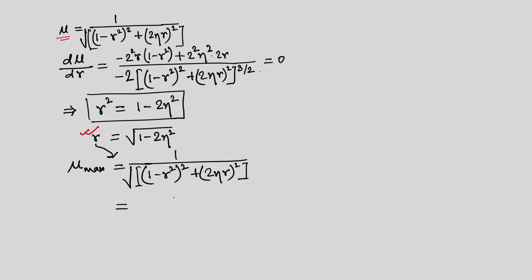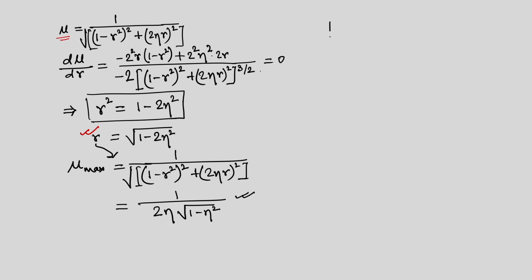Again, I just write down the expression and leave it as an exercise. We can derive it. You please do it and make sure that you get the right expression. So, this is the maximum value of dynamic magnification factor.